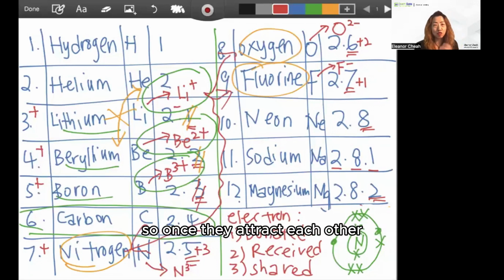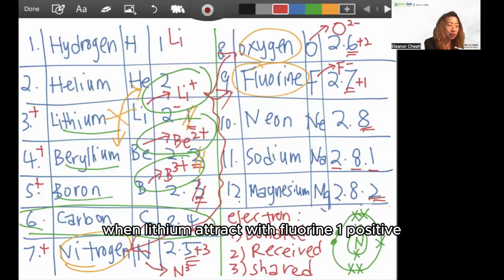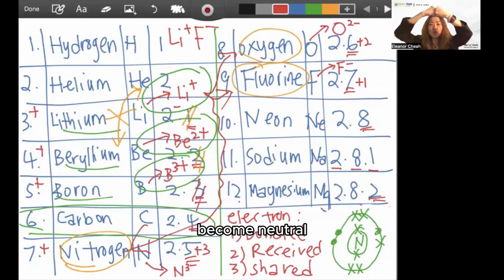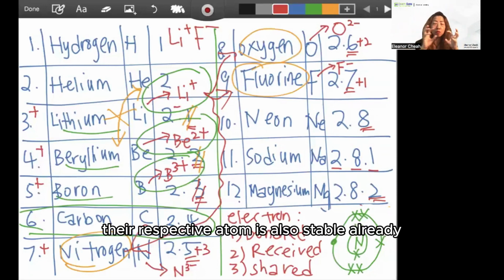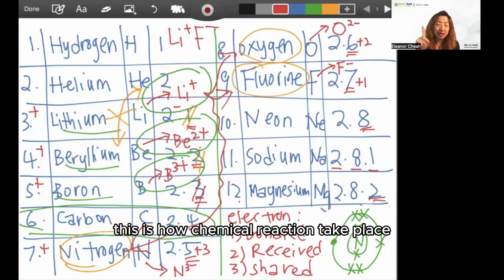So once they attract each other, I'm using the example of lithium and fluorine. When lithium attracts fluorine, 1 positive, 1 negative attract each other and become neutral. Their respective atoms are also stable already. Then they are stable. That's why they want to have a chemical reaction. This is how a chemical reaction takes place.